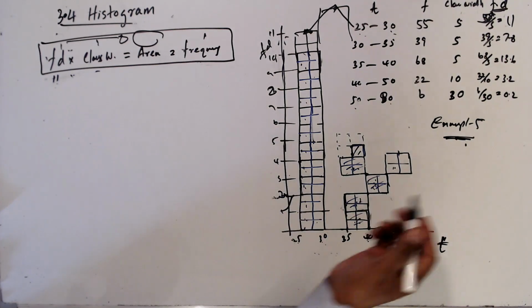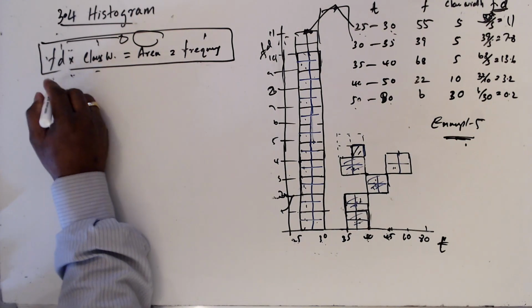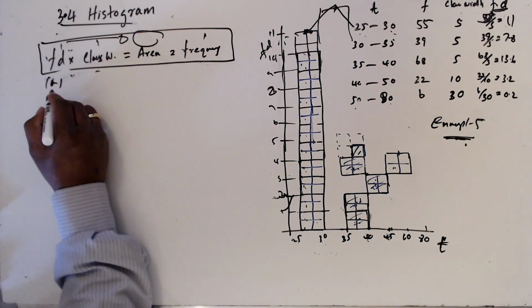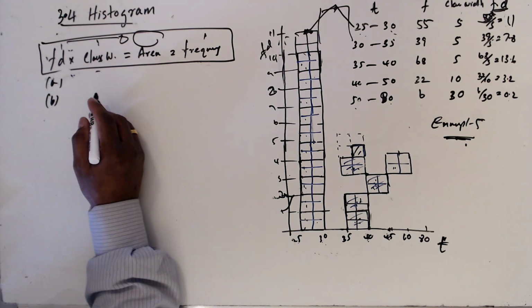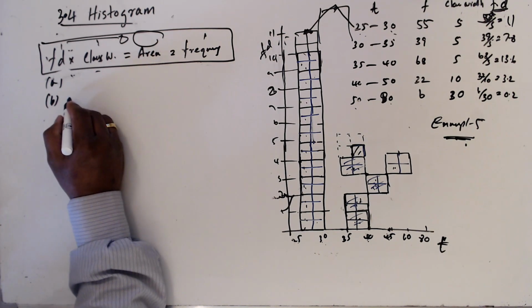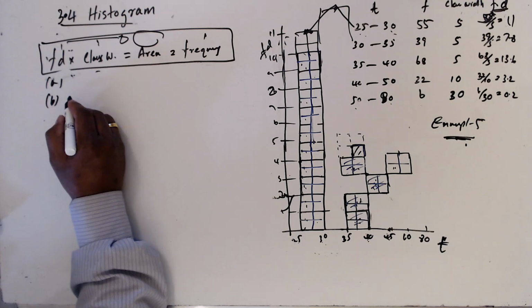In example 5, part A, you can see, and part B, there's a shaded area. So we want to find the shaded area. First consider the big bar and the small one with the shading.